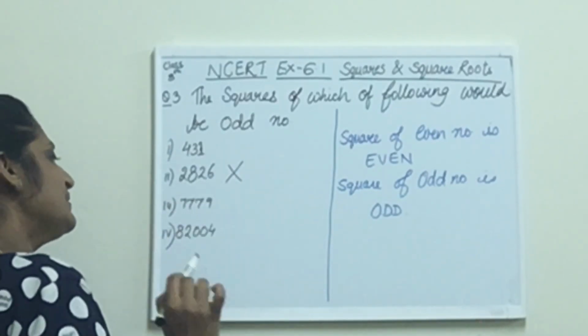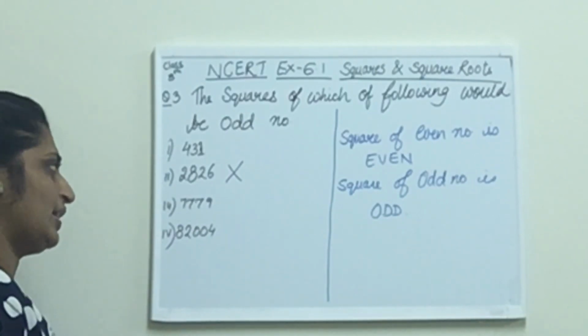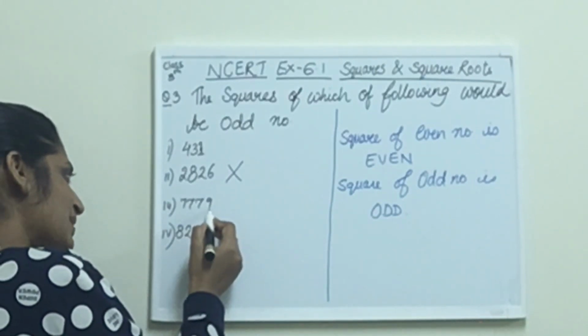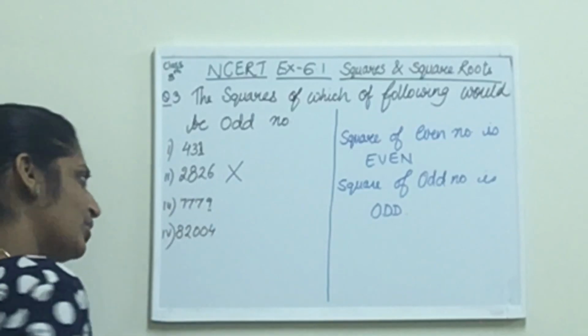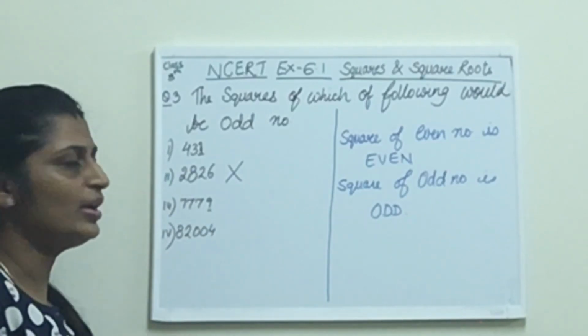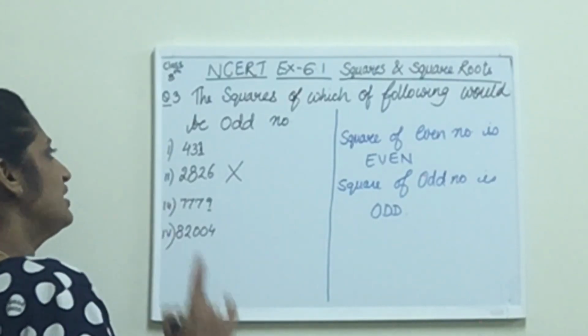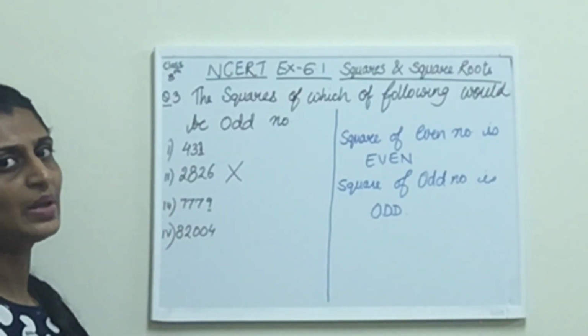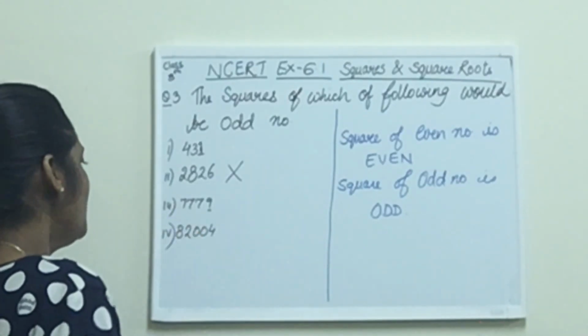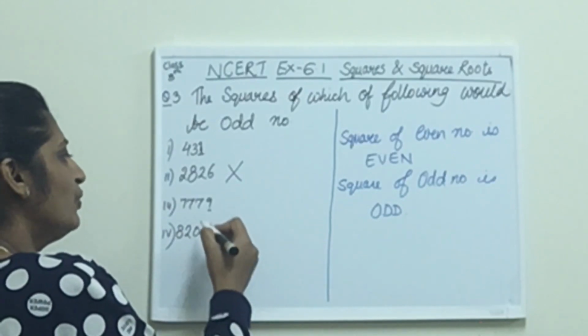Third, 7779. We can see that 7779 has 9 at its unit place, and therefore it is not an even number, it is an odd number. Therefore the square of an odd number is odd. And the fourth part, 82,004.